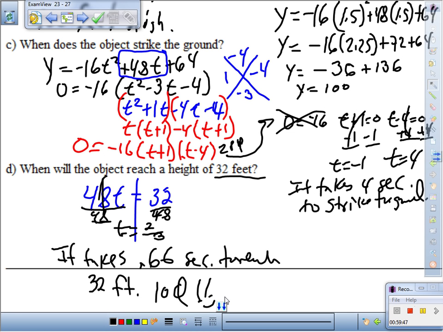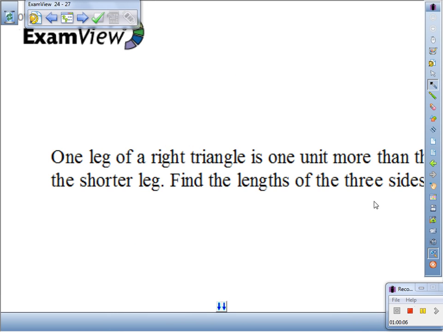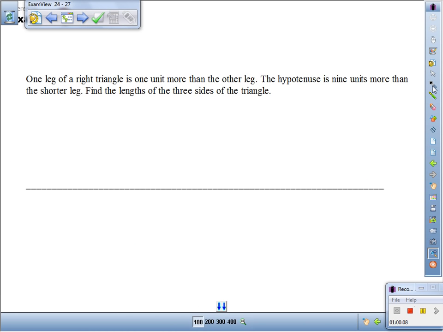Okay, let's go to number 24. Focus. Here it goes. First things first, draw a right triangle.